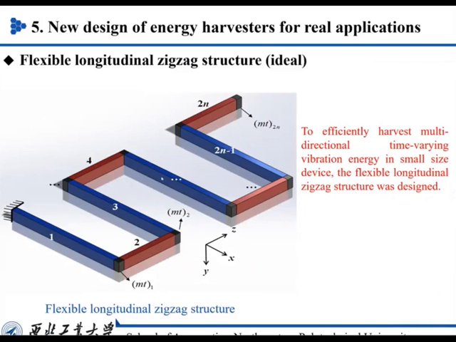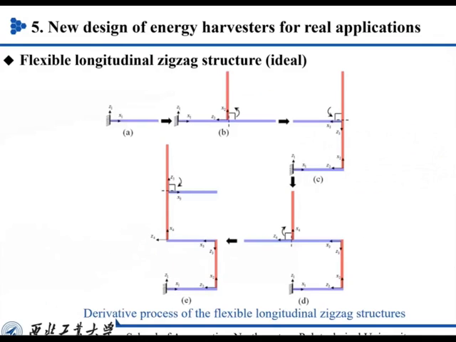It is very different from the traditional zigzag structure, because the blue beams vibrate in the z direction, and the red ones vibrate in the x direction. So we can make the size smaller.